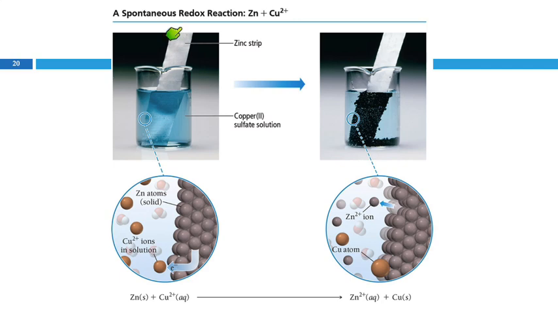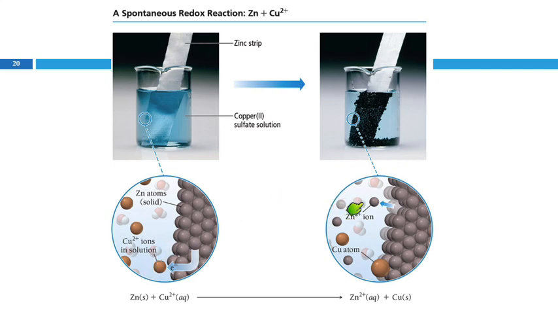So here we have a strip of metal, zinc, in a solution of copper 2 sulfate. The blue color is from the copper sulfate. And what we see happening is that electrons will be coming from the zinc metal, and they'll be given to the copper ions that are in solution.